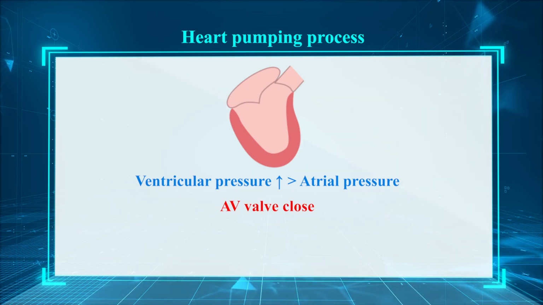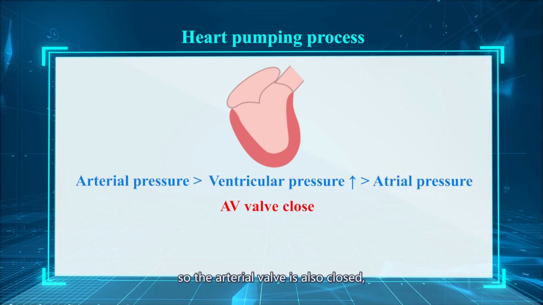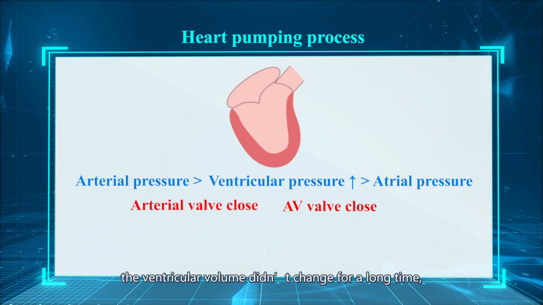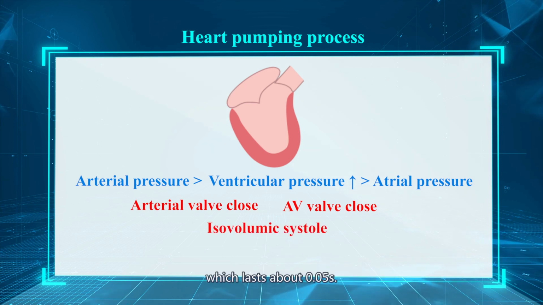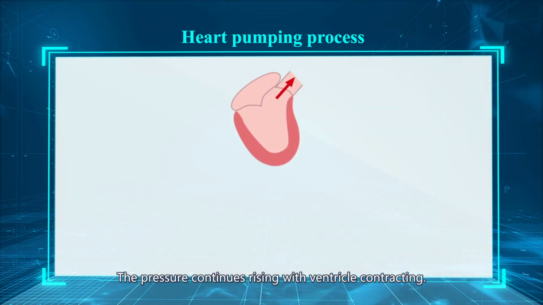At this time, the pressure in ventricle is still lower than that in aorta, so the arterial valve is also closed. The ventricular volume did not change for a long time, known as isovolumic systole, which lasts about 0.05 seconds.